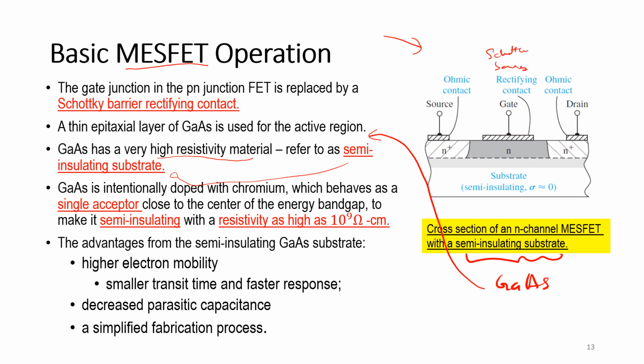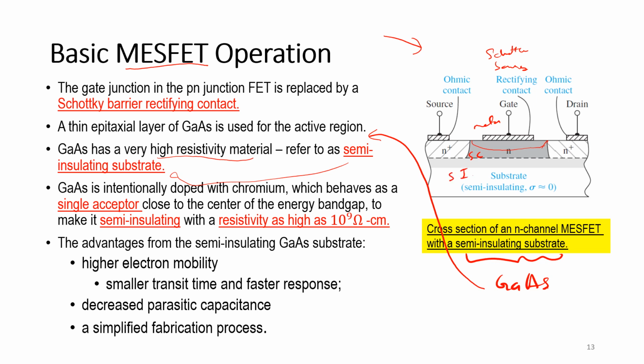To enable a current flow, the depletion region at the n-channel must be very, very narrow. To explain this, we must understand that there is a potential barrier between the metal, the semiconductor, and also the semi-insulating substrate.